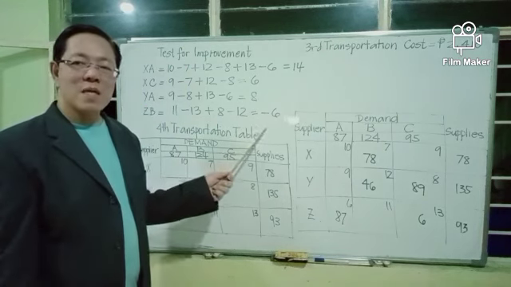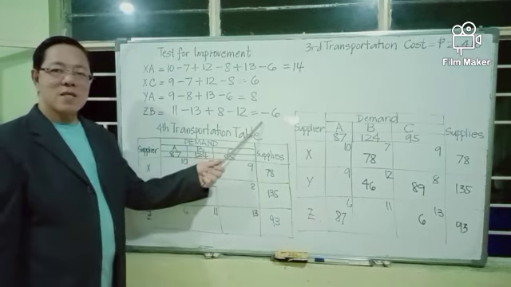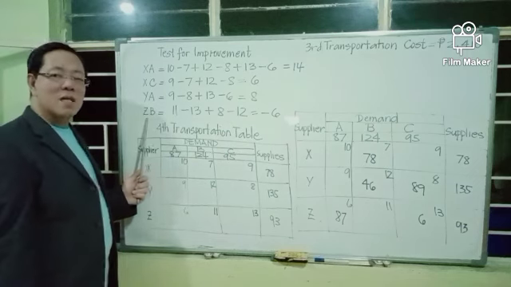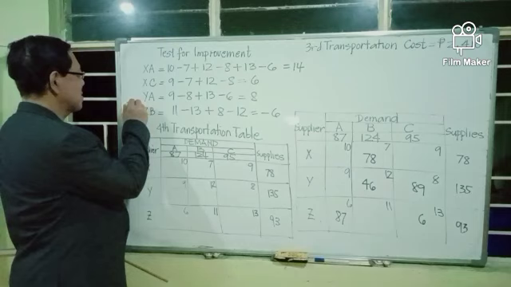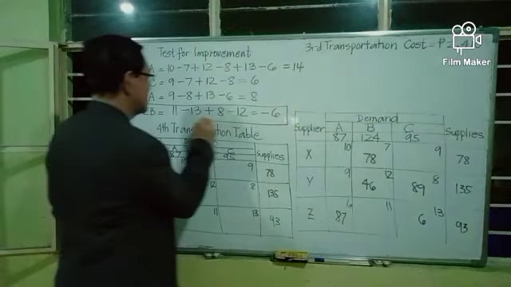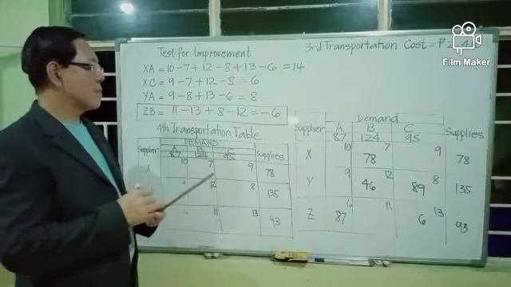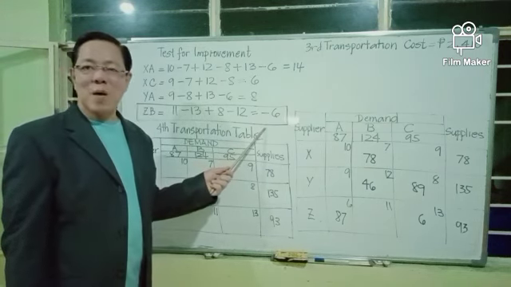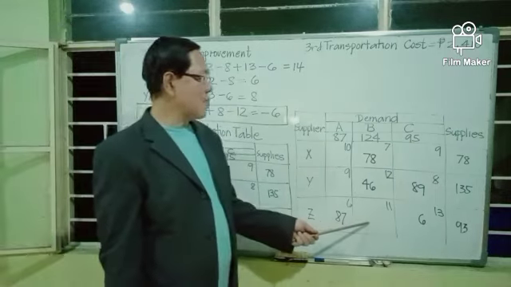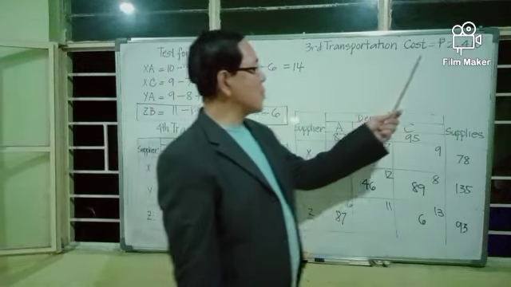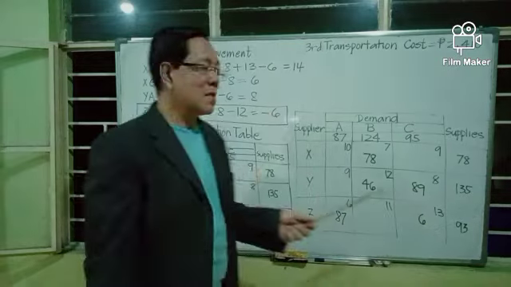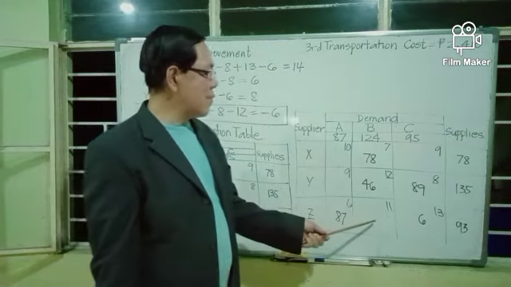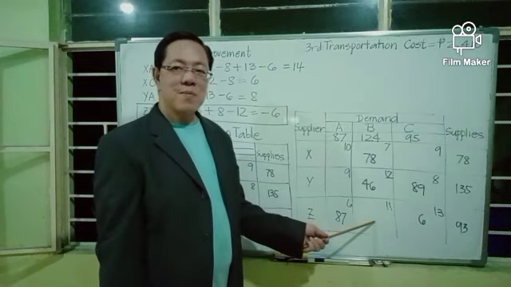So there is only one vacant cell with negative net cell cost. That means that we will transfer some units to the vacant cell CB. And if we transfer some units to the vacant cell CB, the transportation cost of 2,410 will decrease by 6 pesos per unit that we transferred to the vacant cell CB.